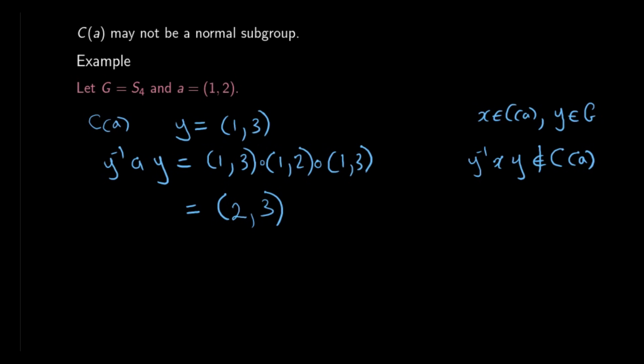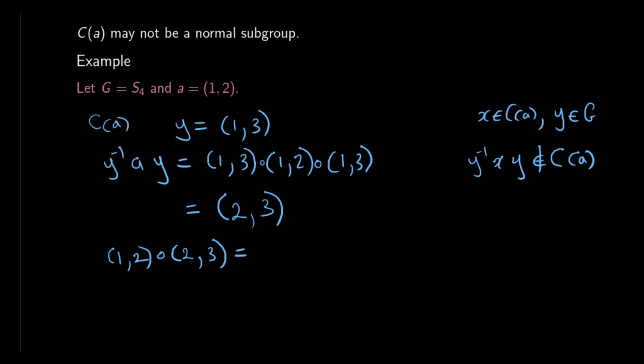Now we will prove that 2, 3 is not in C of A. That is, we need to show that 2, 3 does not commute with 1, 2. What is 1, 2 into 2, 3?